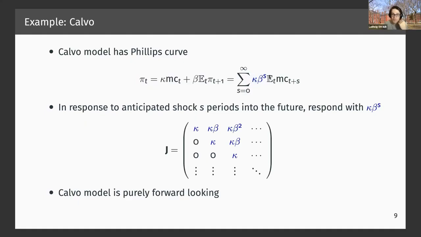And so how do I go from that to this J that I outlined? Basically these coefficients will immediately inform what the elements of this J matrix are. To see this, let's look at the first column of this J matrix. The first column, as I said, is the impulse response to a one-time shock to real marginal cost. So I shock marginal cost today and then no more in the future.